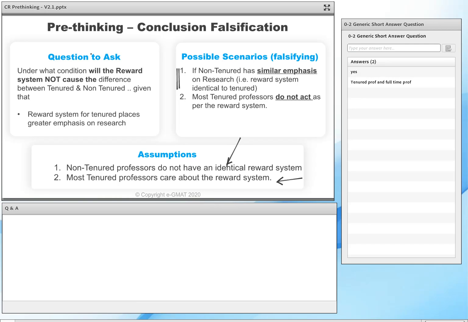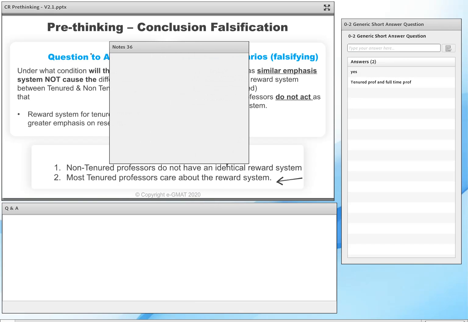If I were to draw a parallel scenario, let's talk about stocks. Most of you know stocks.